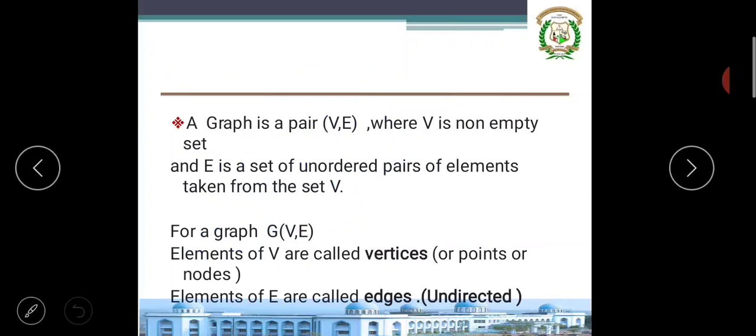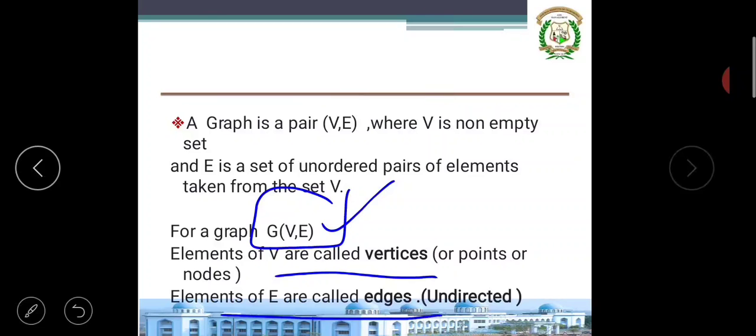So minimum one vertex must and should be there. E is a set of unordered pairs of elements. So I write like this: G in brackets V, E. This represents a graph. V is called vertices, E is called edges.